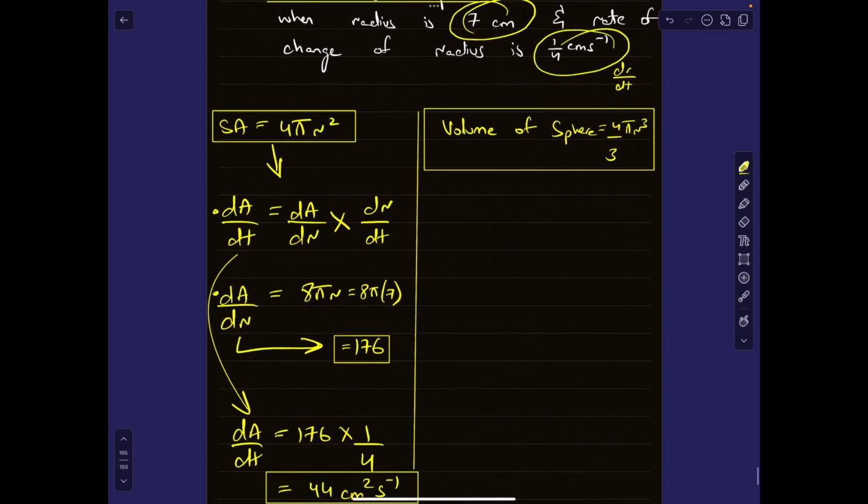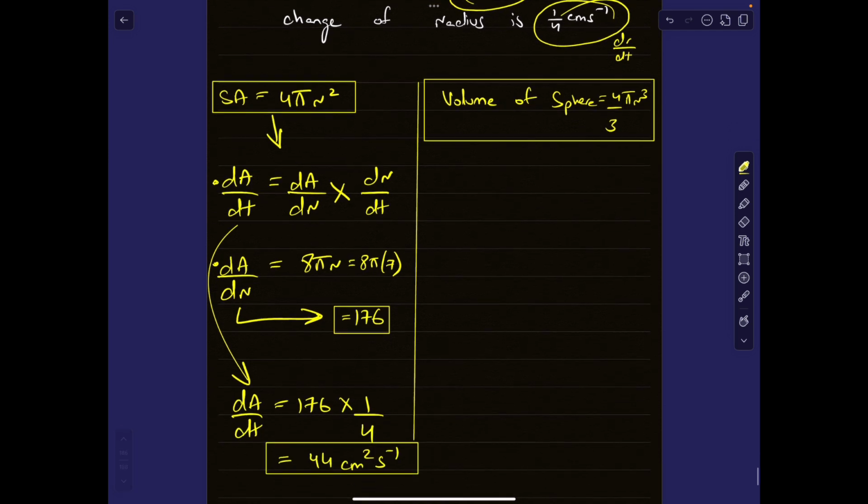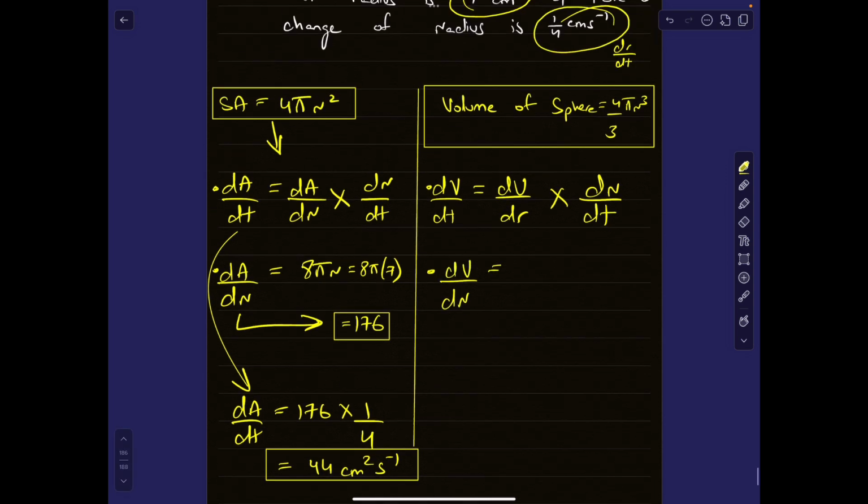Then work for the rate of change of volume. So first of all, form the chain rule. So I have dV over dr, since I know radius is the third variable which will be used to relate, and then find dV over dr. So differentiate this and you will end up having 4 pi r square.